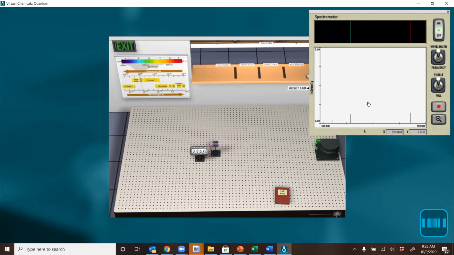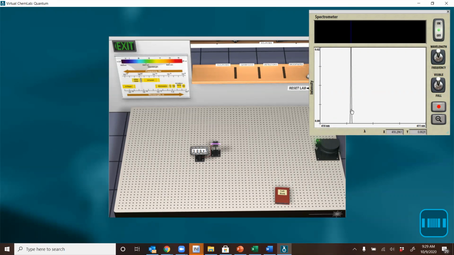If you look at me dragging my cursor around, right down here is our X value. If I move over to that peak, I'm trying to get right on top of the wavelength for that peak. This is much easier with a mouse than not using a mouse. So I just zoomed in.